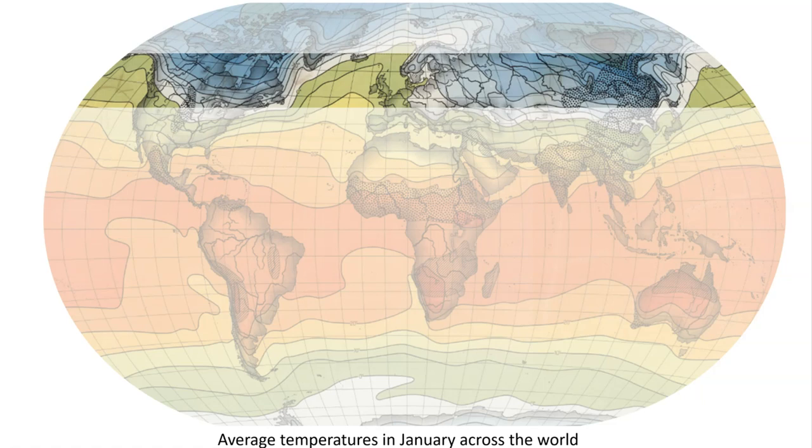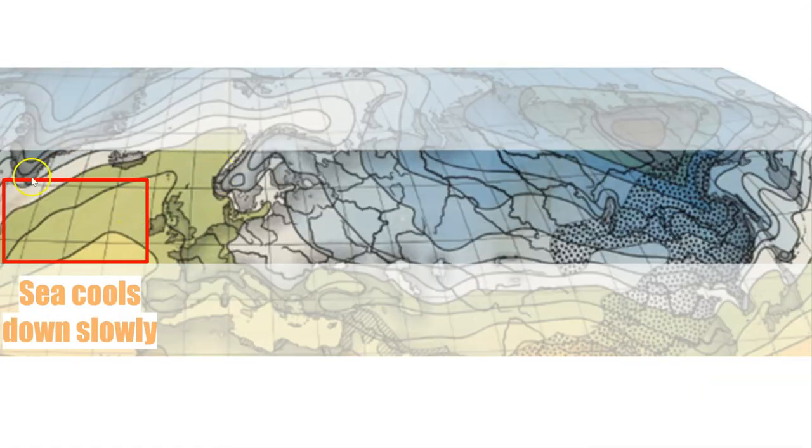Okay, let's take that into this map of the world. This is January in the Northern Hemisphere, so it's winter. And we're going to take a look at this part here. Zoom in. Now, the sea is cooling down slowly, so the temperatures are quite mild there. Let's come all the way over here to the far eastern part of this huge big continental landmass, right?